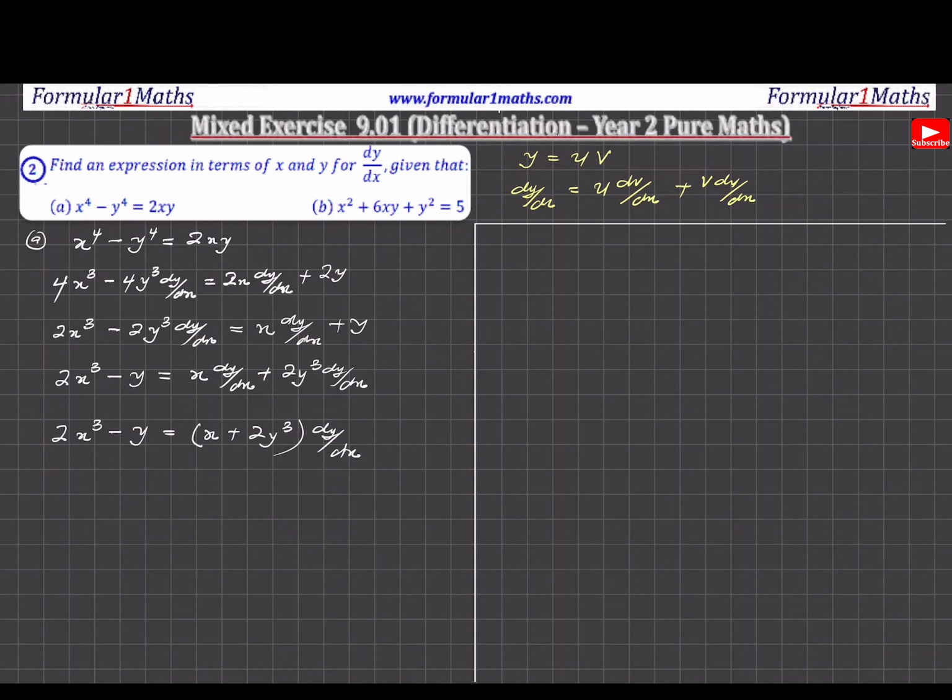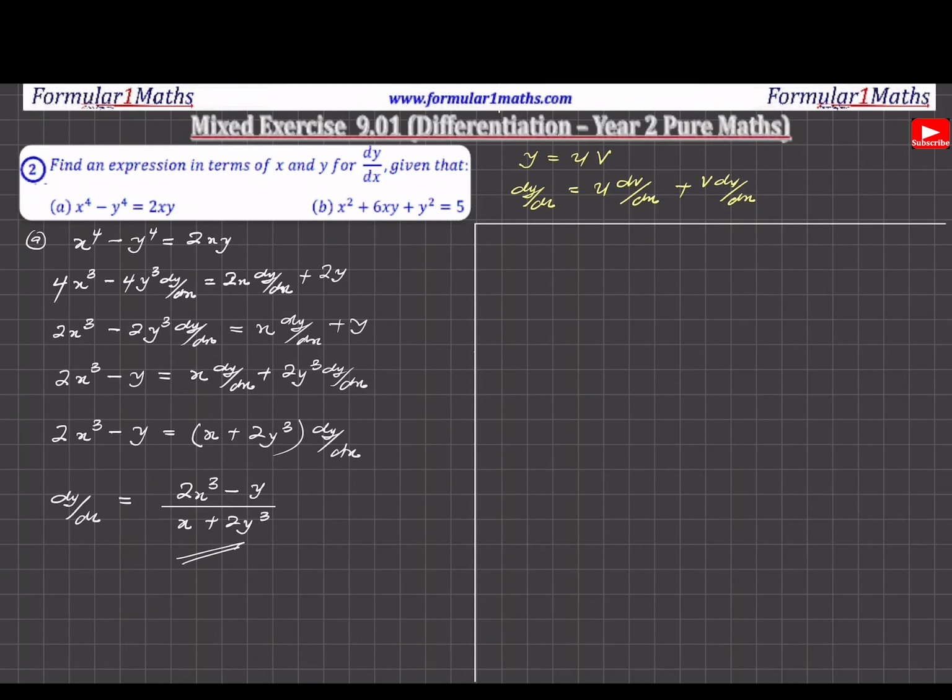Then I can make dy/dx the subject by rearranging, and that will give me dy/dx is equal to (2x cubed minus y) over (x plus 2y cubed). And that is the required differentiation for A.